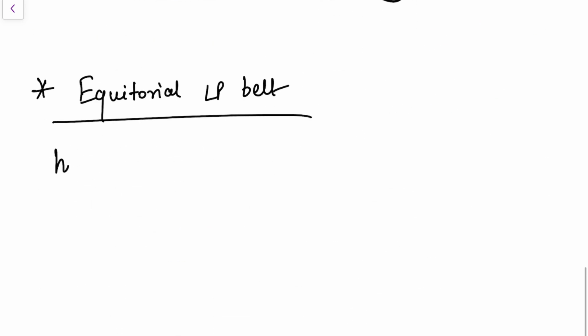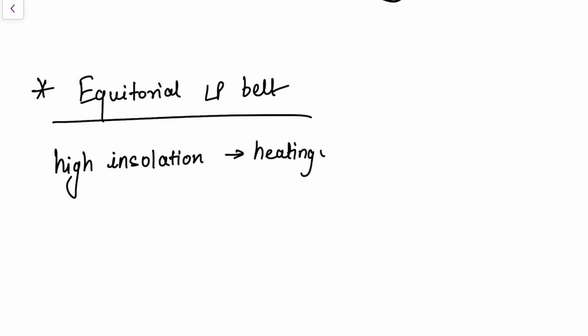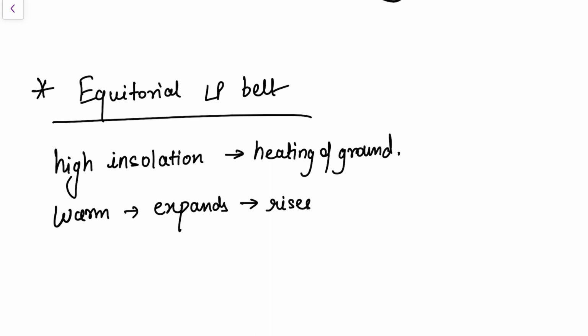Since there is high insolation, insolation means the amount of heat that is received from the sun, heating of ground takes place. Now the air in contact with the ground gets warm, it expands and then rises up, leading to the formation of a low pressure zone near the ground.